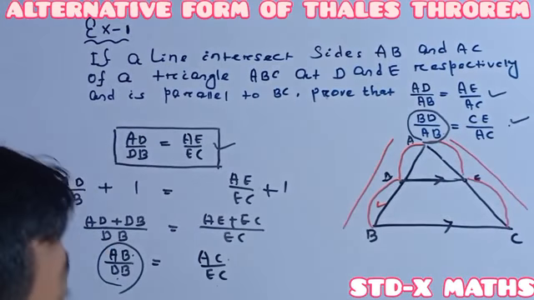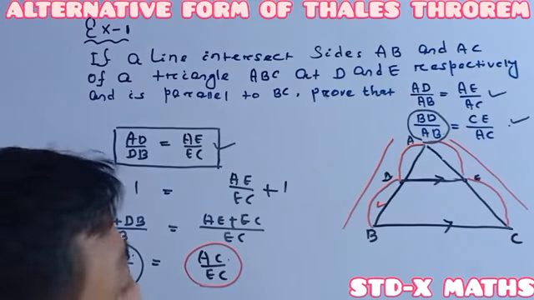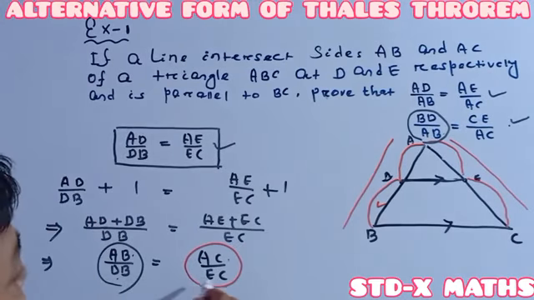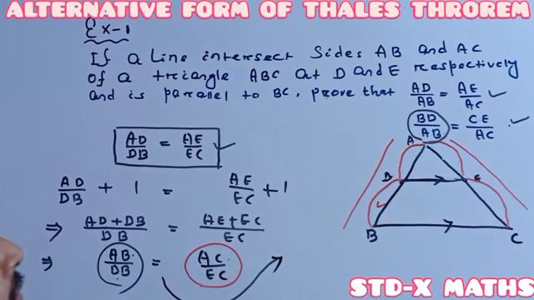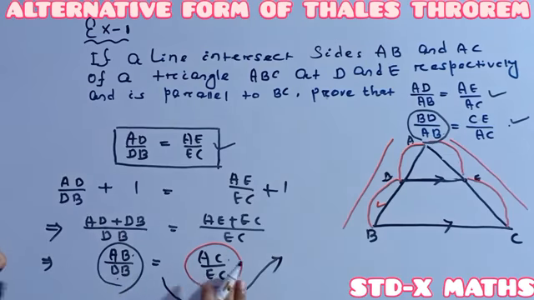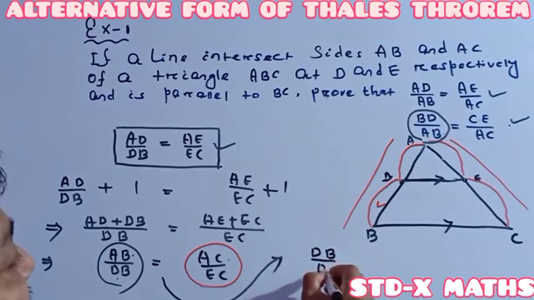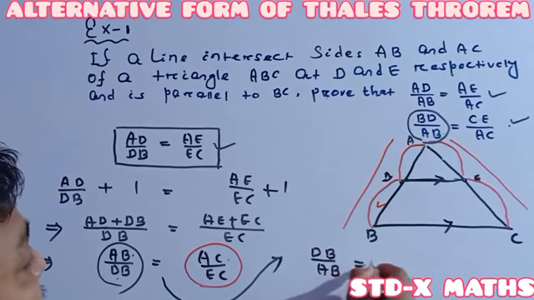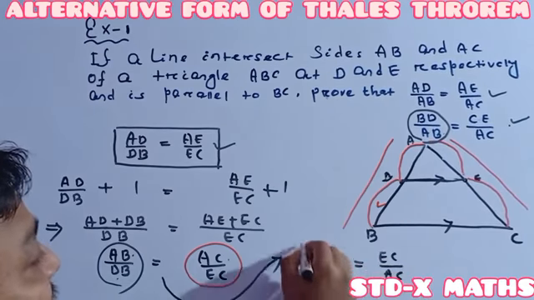So whenever one fraction is the same as another fraction, I take the reciprocal of both sides. The reciprocal gives DB by AB equals EC divided by AC.